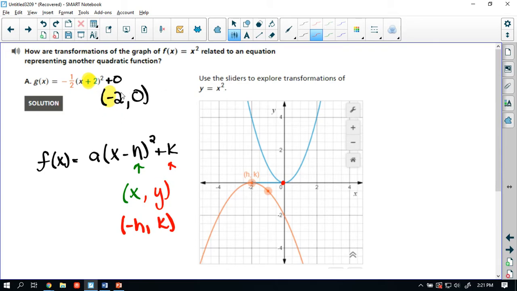So looking at our new h, k, that means we go over -2, so -2, which is right here, and we don't move up or down for our vertex. It's still at 0. Then this negative right here is telling us that we are reflecting across the x-axis.